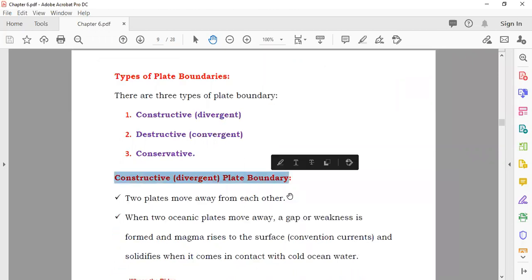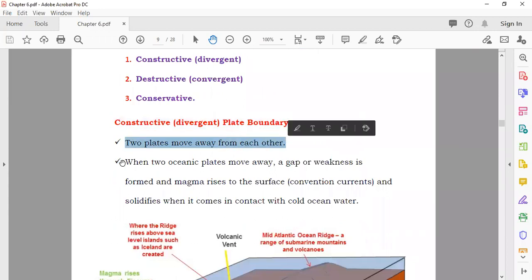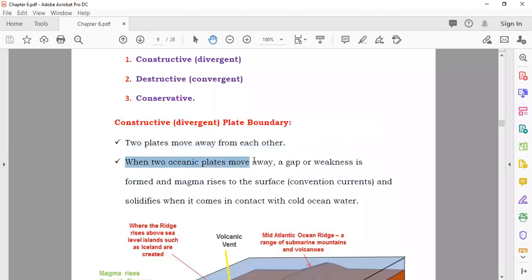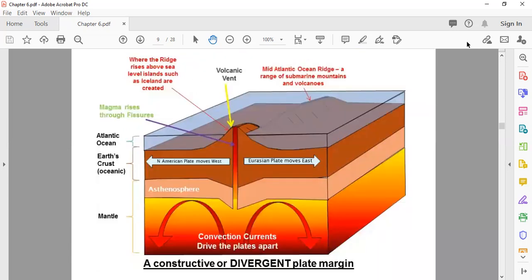What is that? When two plates move away from each other, when two oceanic plates move away, a gap or weakness is formed and magma rises to the surface. See here. So these are two plates. Which plates are these?